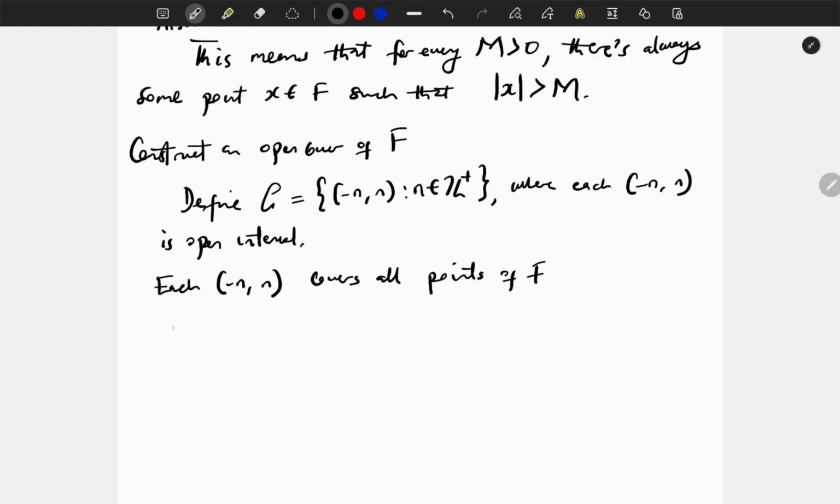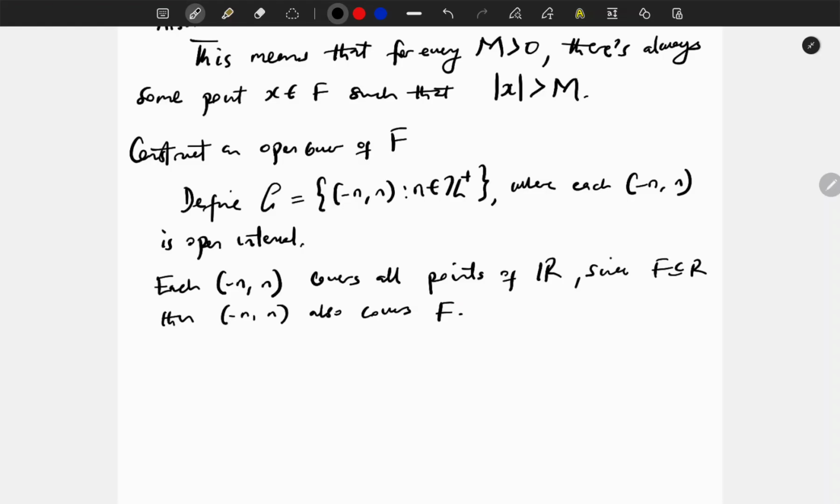And actually each of these covers all points of R, and since f is a subset of R, then (-n, n) also covers f.